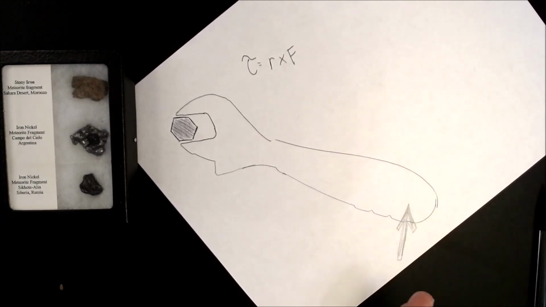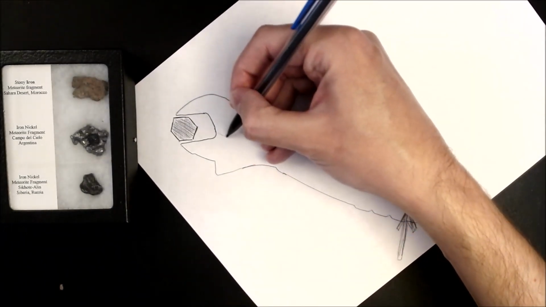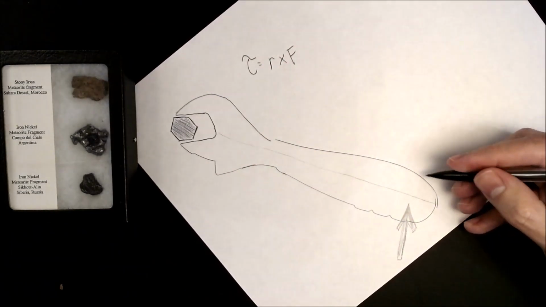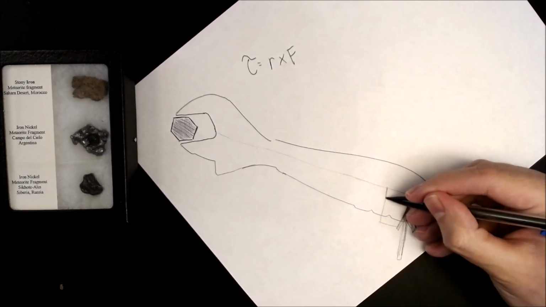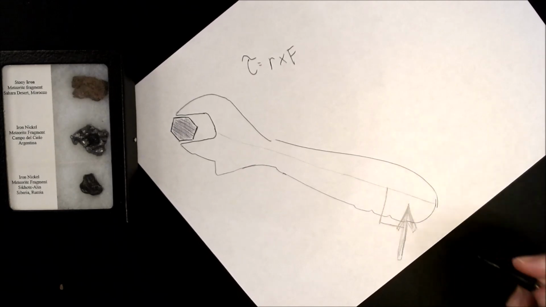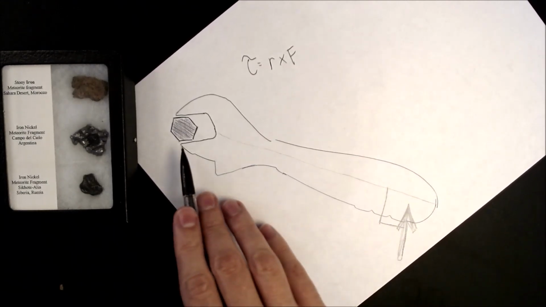If we push perpendicular to the wrench, this is the line of the wrench right there, and we're pushing perpendicular to that. And we also want to be pushing far from the bolt.